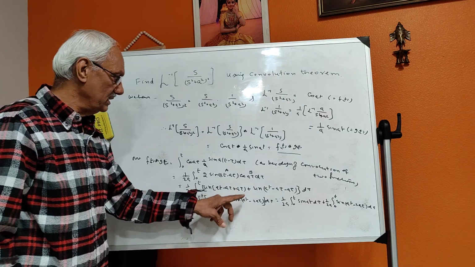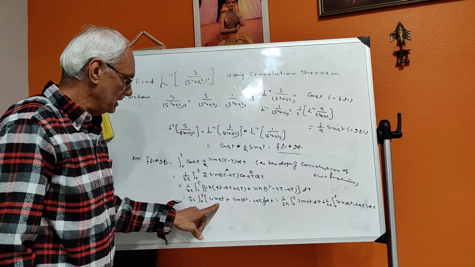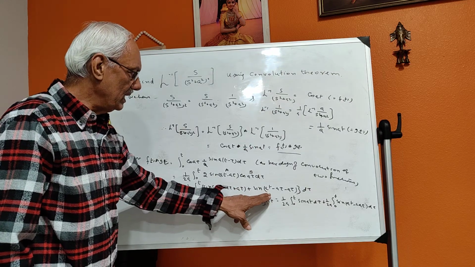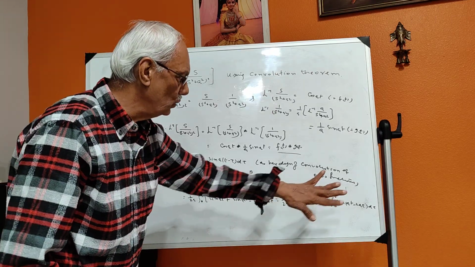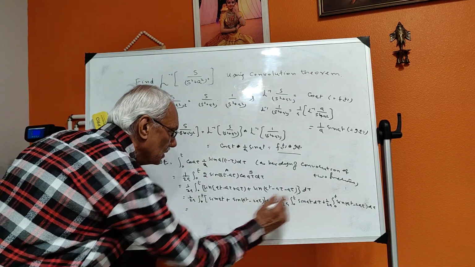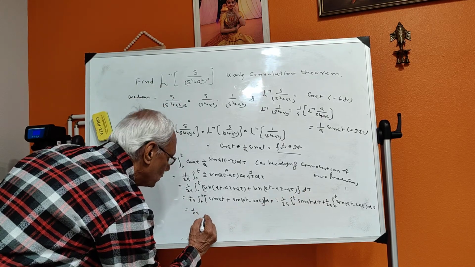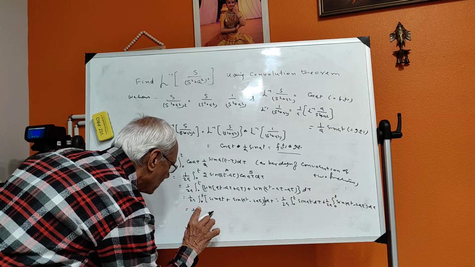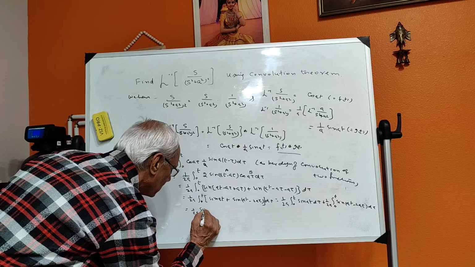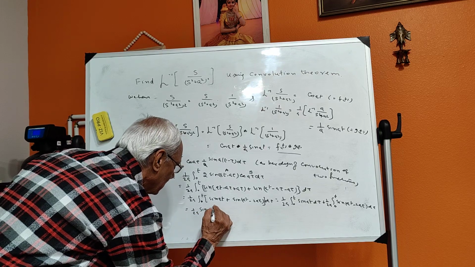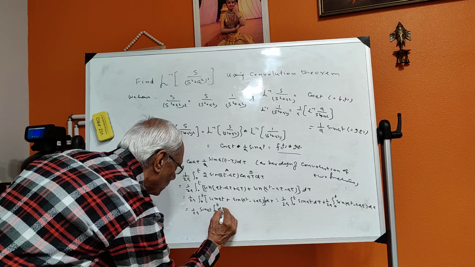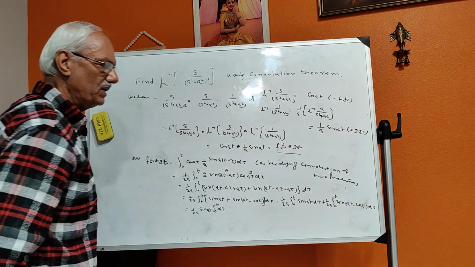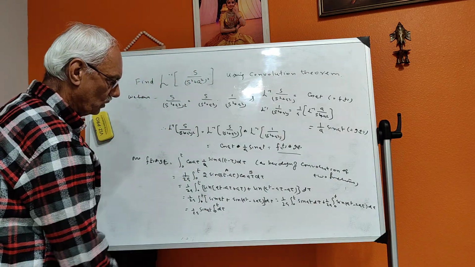So you see that I am getting this as 1 by 2a into sin(at minus a tau plus a tau), the a tau goes off, so sin at, plus sin(at minus 2a tau). So you split this into two integrals. Now this is equal to 1 by 2a into sin at into the integral from 0 to t. Because sin at with regard to this variable of integration is a constant, you take it outside.